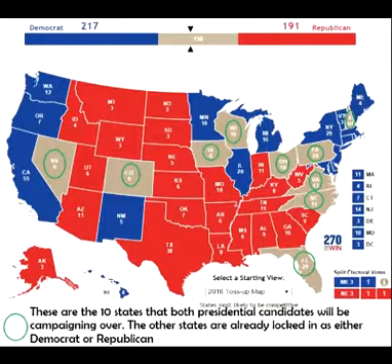87 times in the past, electors have voted against the wishes of the people who voted for them. Your electors can indeed turn against who the state majority voted for. Your elector can say, nah, I'm going Republican. There is no constitutional provision or federal law that requires electors to vote according to the results of the popular vote in their states.